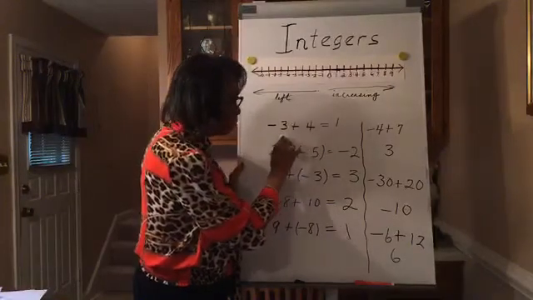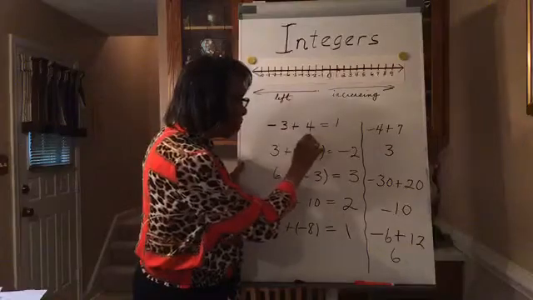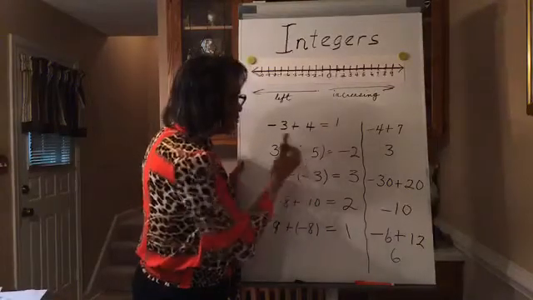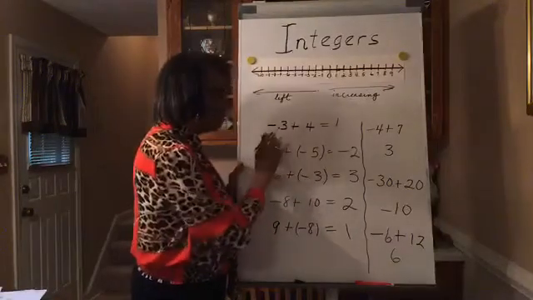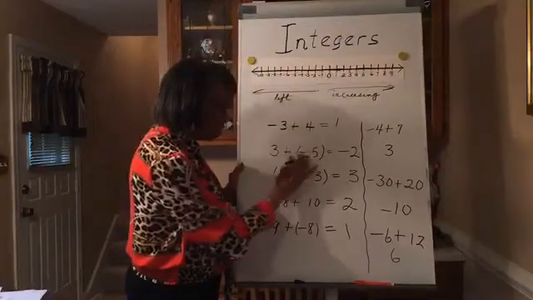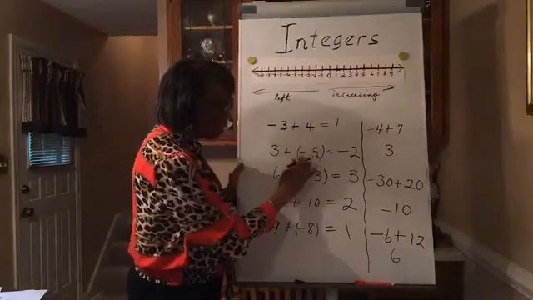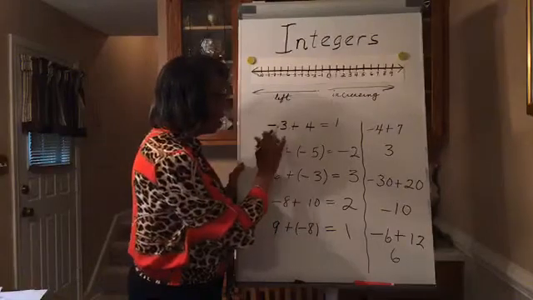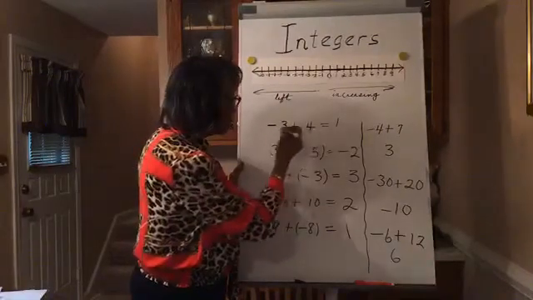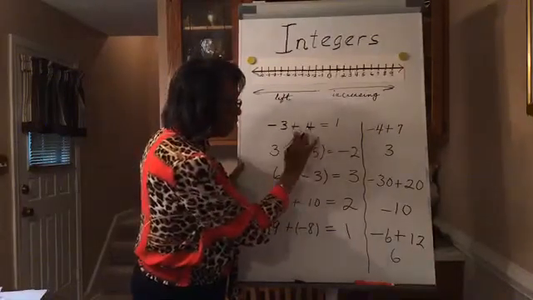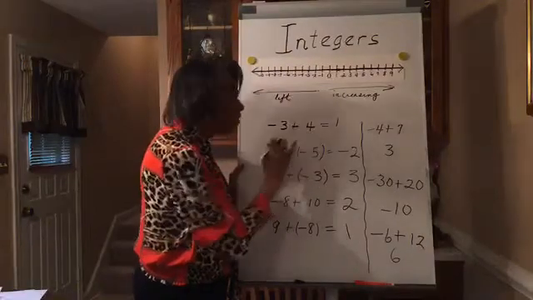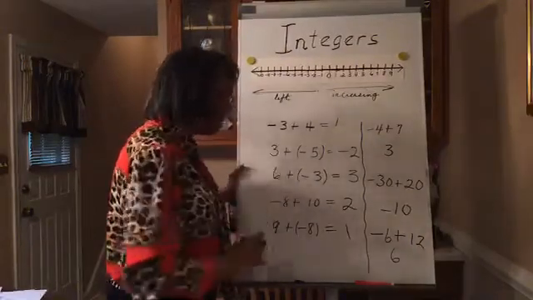So really we just subtracted 4 minus 3, and we got 1. And we kept the sign of the one that had the largest absolute value.